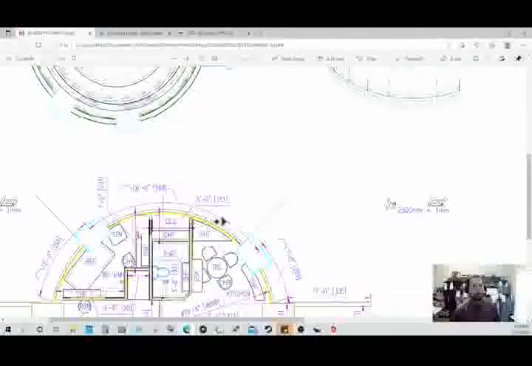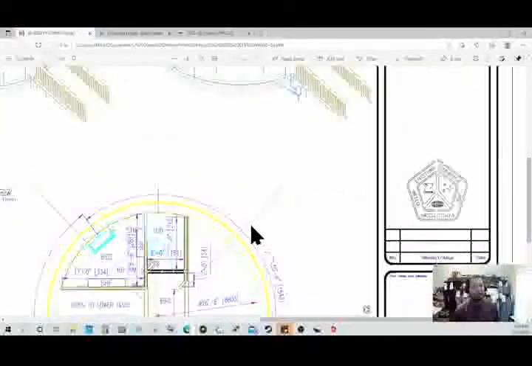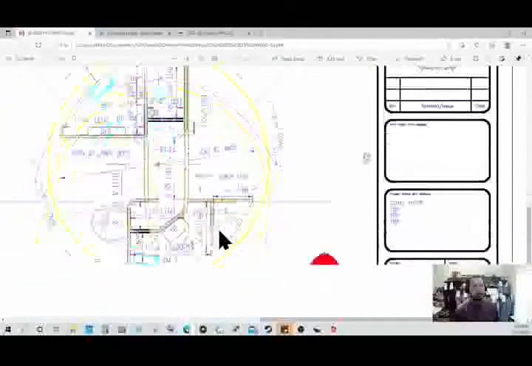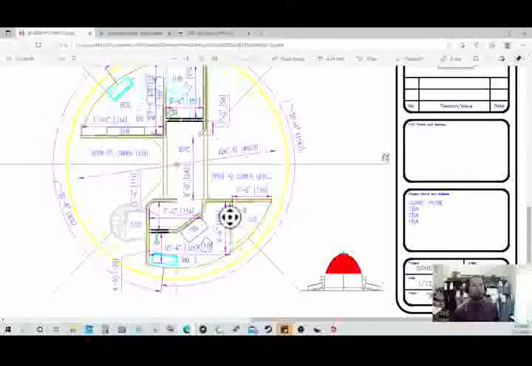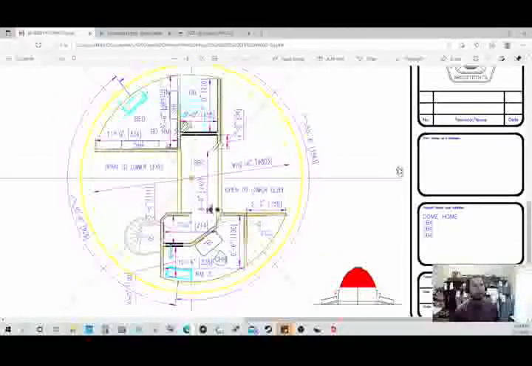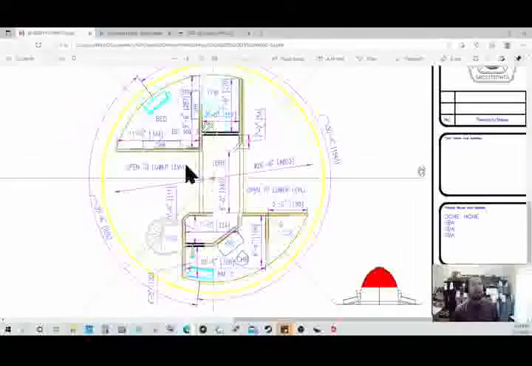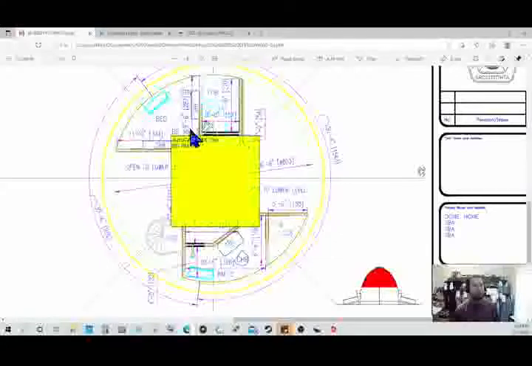Etc. So moving on to the second deck, second level. It's pretty much the same theme, same methodology used with the dimensioning.